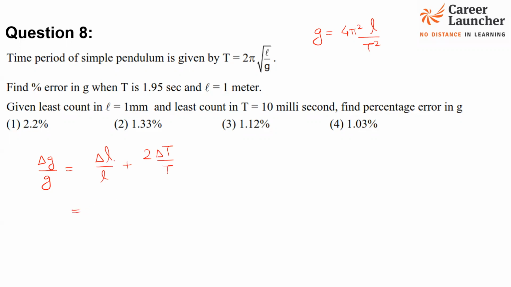Now delta L by L will be 10 raised to minus 3, 1 millimeter upon 1, plus 2 into 10 milliseconds upon time, which is 1.95 seconds.